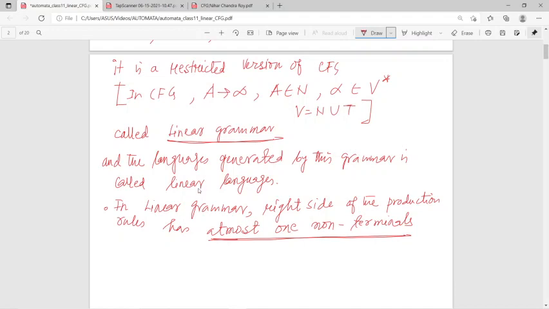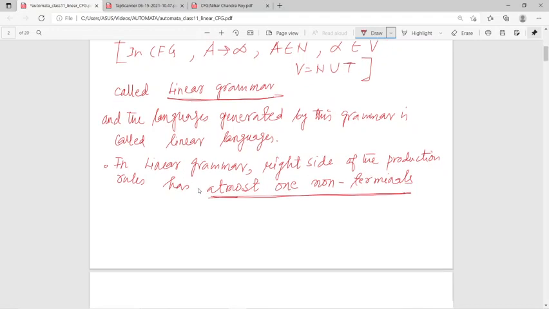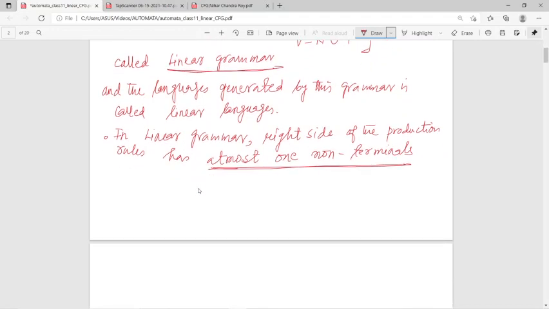So now we will discuss type 3, that is the regular grammar, and we will see how it will work.